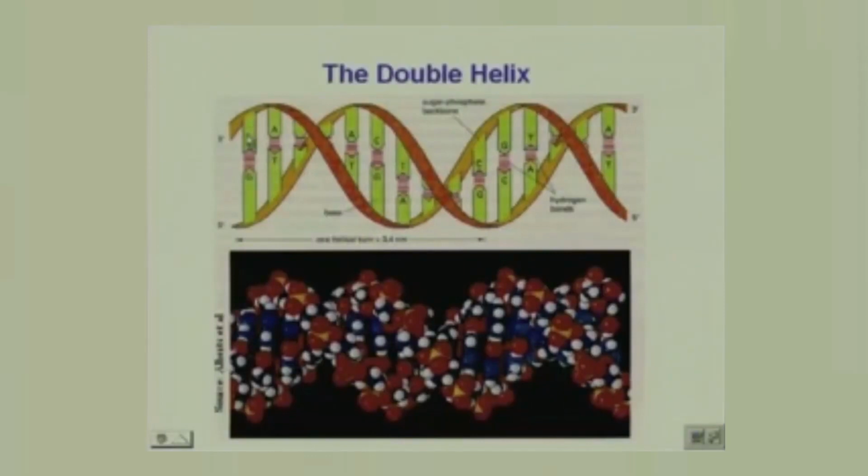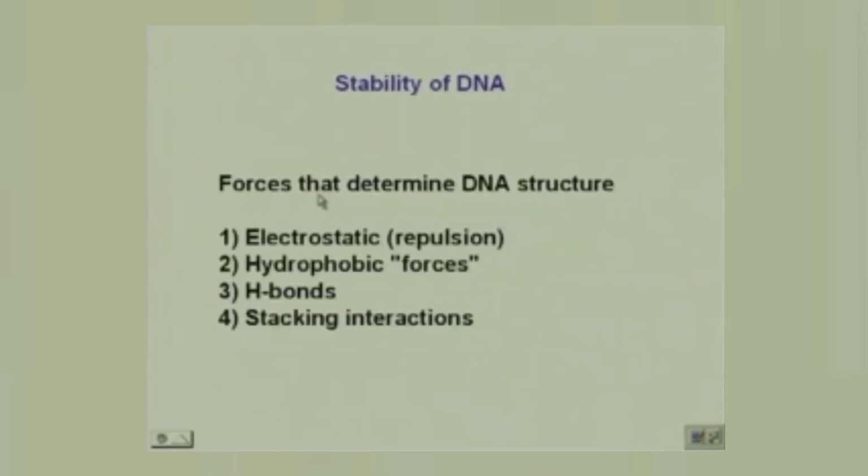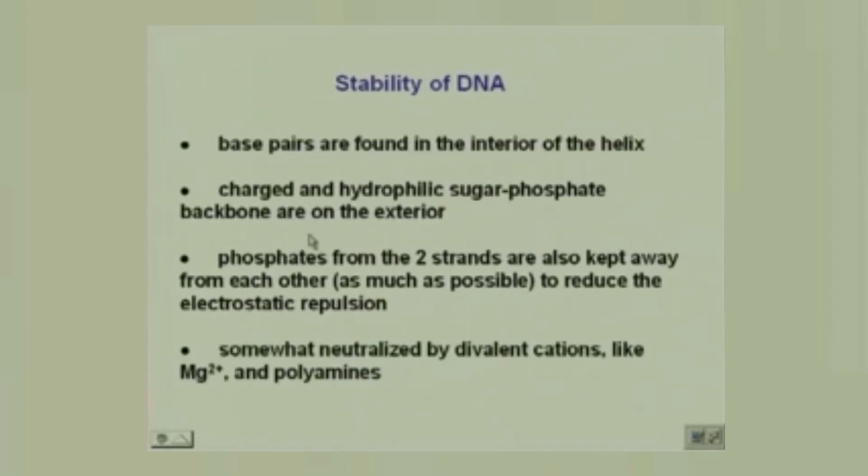In the resulting planarity between the GC and the AT pairs, we see a stacking interaction that can be disrupted by any agent that penetrates this region between the bases. So, we have these four types of forces that determine the DNA structure.